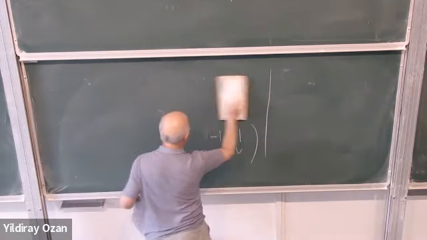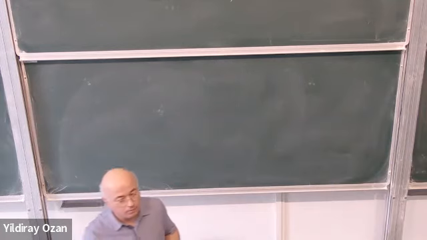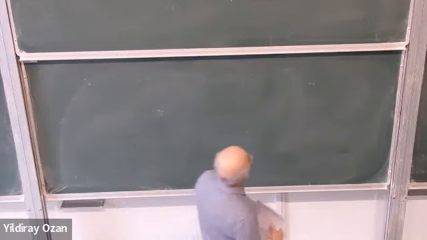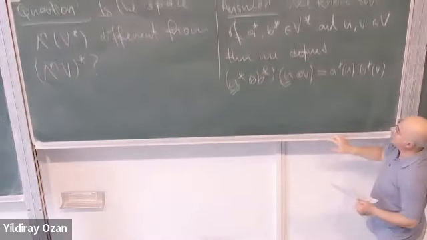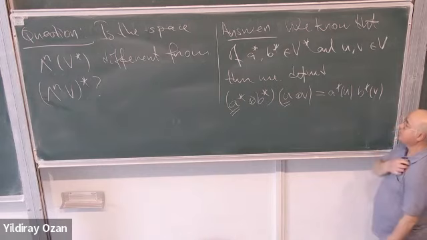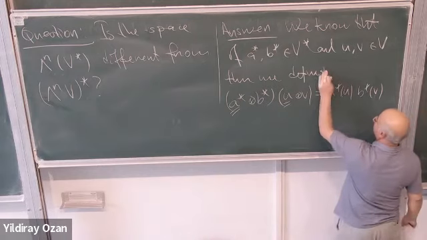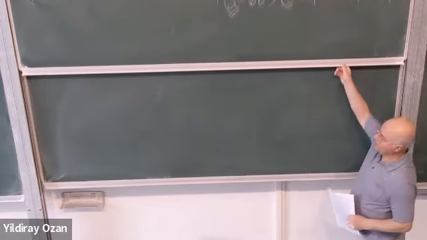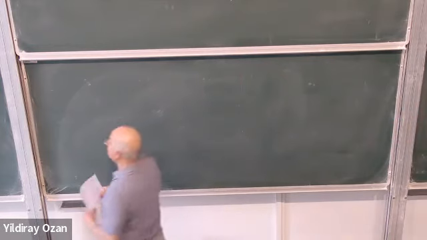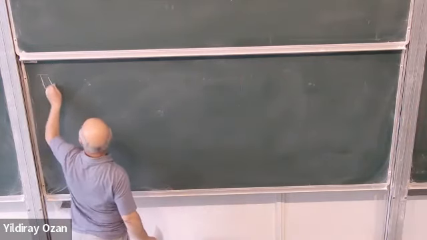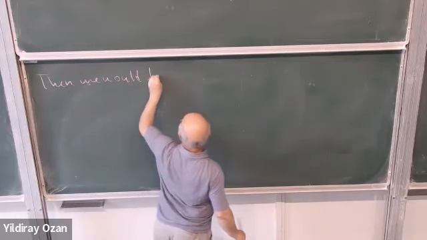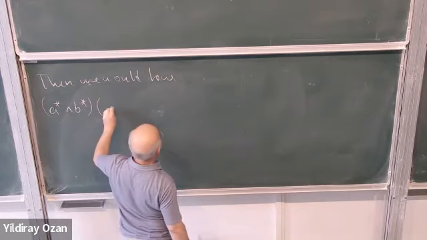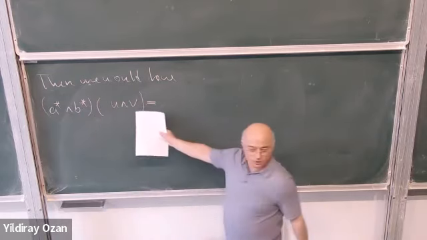Okay, now if I just use this definition for the wedge, let's see what we get. Isn't this a tensor? Yes, they think of it as that. If we use this definition, then you would have, let's see, A star wedge B star, and suppose we would like to know its action on this.